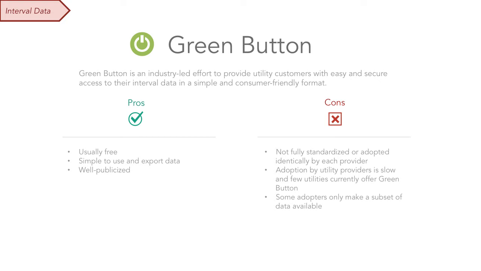Now, we just have to mention as a possible negative that most of this data is going to be a day behind at best. It's 15-minute or 30-minute interval, but generally, if you compare it to some sort of real-time system, you are most likely going to be dealing with somewhere between a 24 to 48-hour delay in receiving this data in most cases. We also have to mention that, in general, overall adoption of Green Button has been slower than most people hoped.